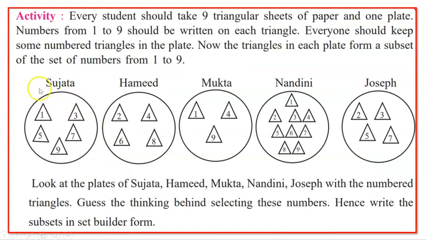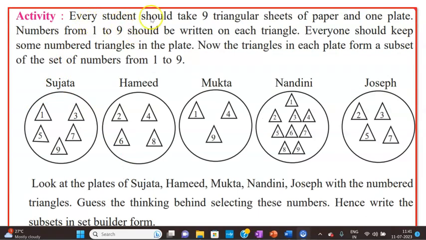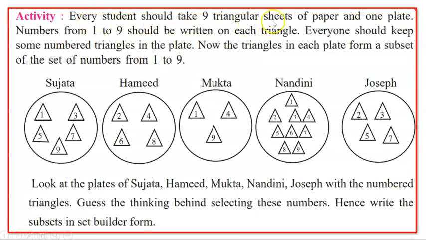Okay, now the next activity दिले त्याने आपल्याला. Every student should take 9 triangular sheets. प्रत्येक विद्यार्थी हे जे दिलेत त्याने आपल्याला ते 9 ट्रायंग्युलर शीट्स घेणार आहेत. शीट्स ऑफ पेपर अँड 1 प्लेट आणि एक प्लेट घेणार आहेत. Numbers from 1 to 9 should be written on each triangle. जे 9 ट्रायंग्युलर शीट्स असतील पेपर शीट्स त्या प्रत्येकावरती 1 2 3 4 5 6 7 8 9 पर्यंत लिहिणार आहेत.